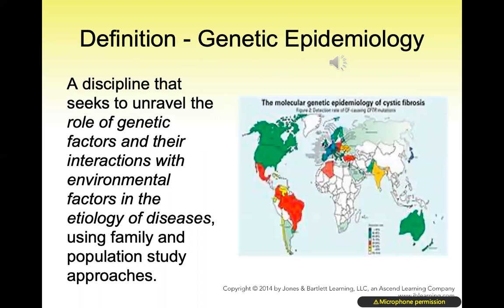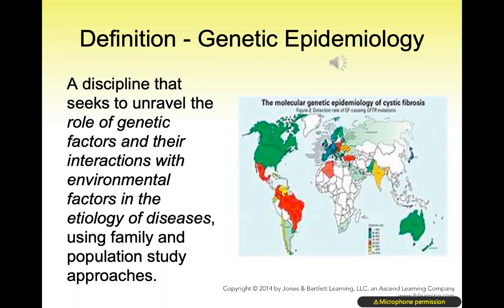Earlier in this course, we introduced the discipline of epidemiology, and we mentioned that there were specialty fields within the broader field of epidemiology, and certainly genetic epidemiology is one of them. Here is a map that shows the genetic epidemiology of cystic fibrosis.